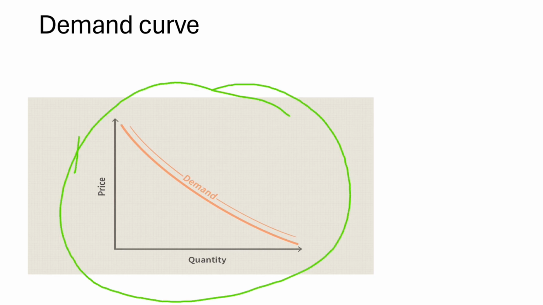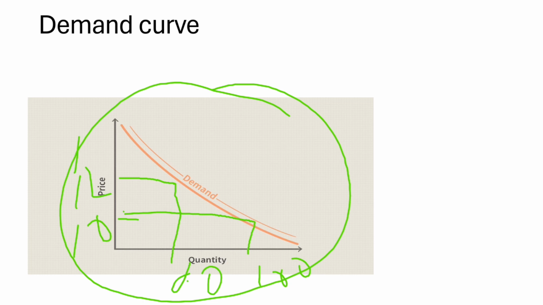Like the price is 10, the quantity demanded might be for example 100. When we increase the price to 12, quantity demanded will decrease to 90. So as I told you, it shows the negative relationship between price and quantity demanded. So you will remember all this.